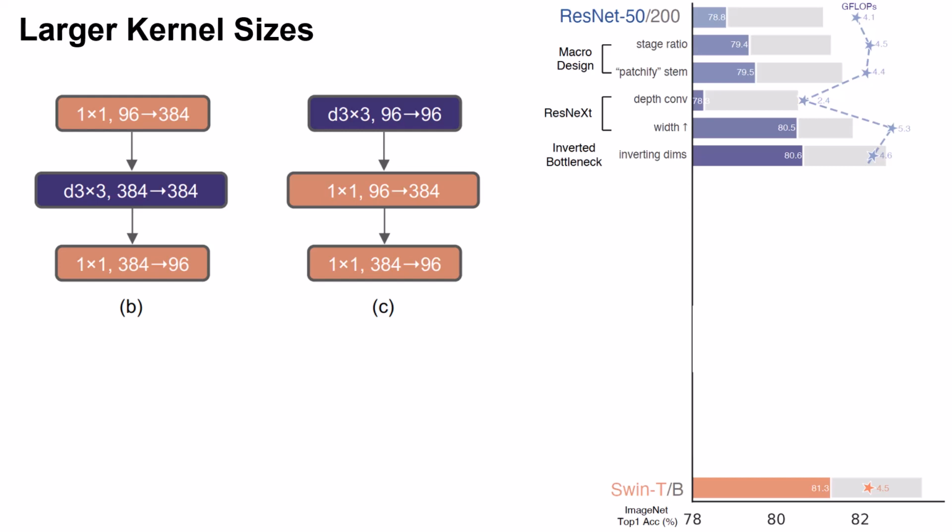But in figure C, they decided to swap the position of 3x3 convolution and 1x1 convolution, and do the upsampling and downsampling only on 1x1 convolutions. So the 3x3 convolution happens with 96 dimension, and then there is a 1x1 convolution that increases the channels to 384 and then decreases from 384 to 96 again.